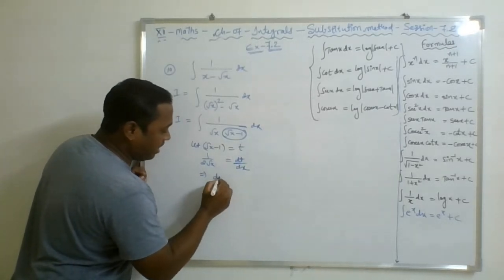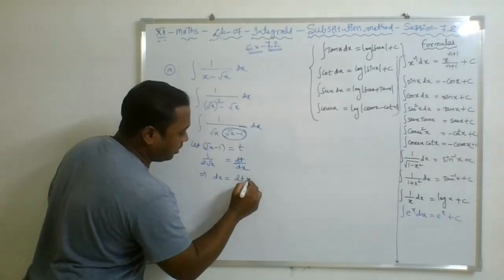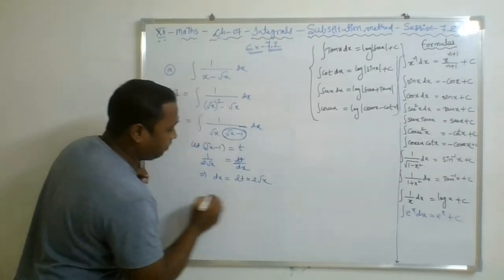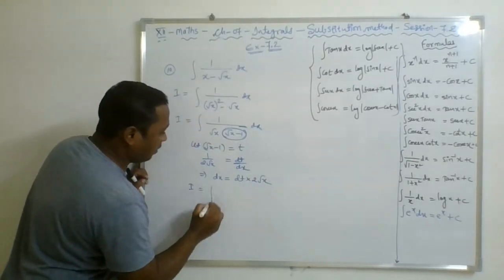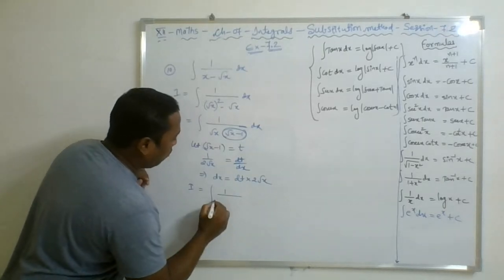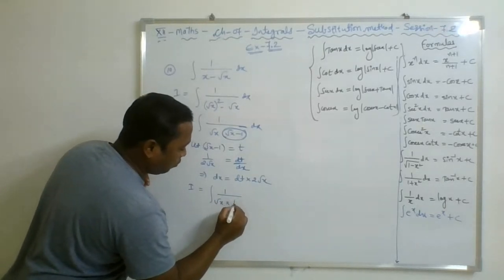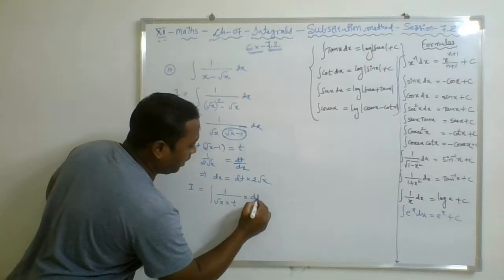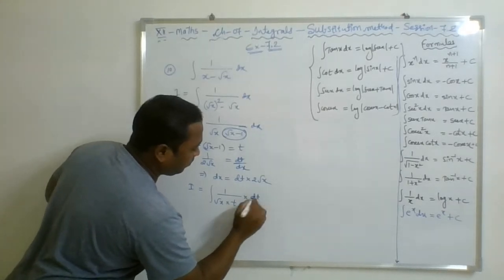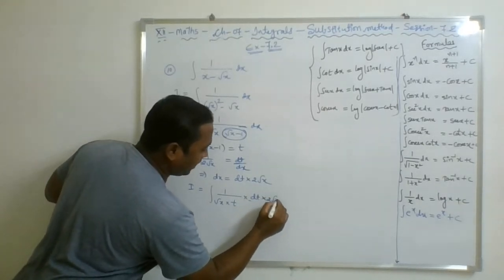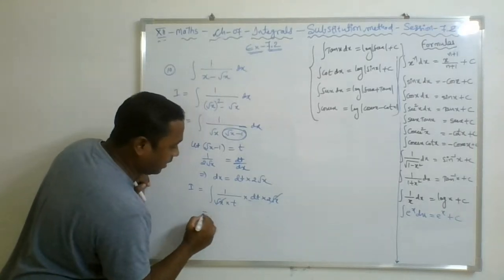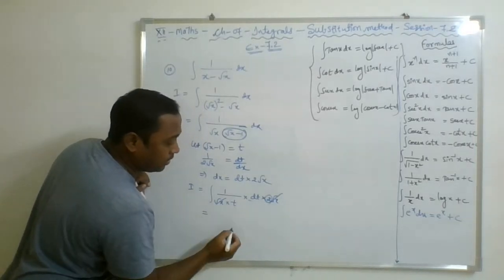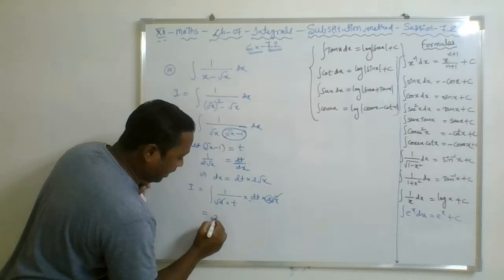By doing cross multiplication, dx will be dt into 2 root x. And then I is equal to 1 upon root x into t into dt into 2 root x. So root x gets cancelled. 2, since it's a constant, you can take it outside.